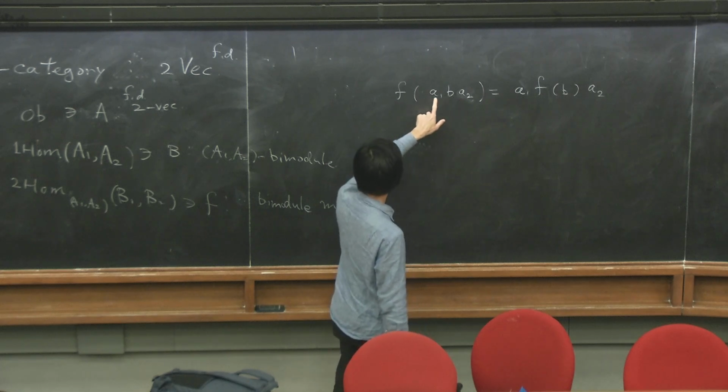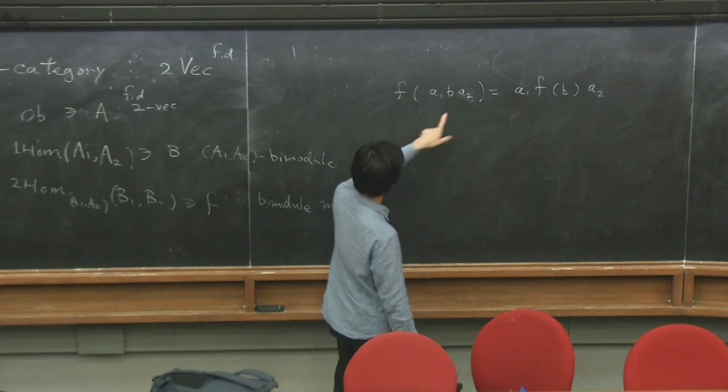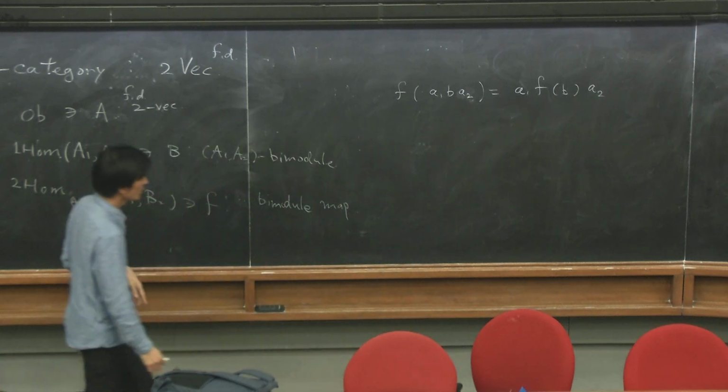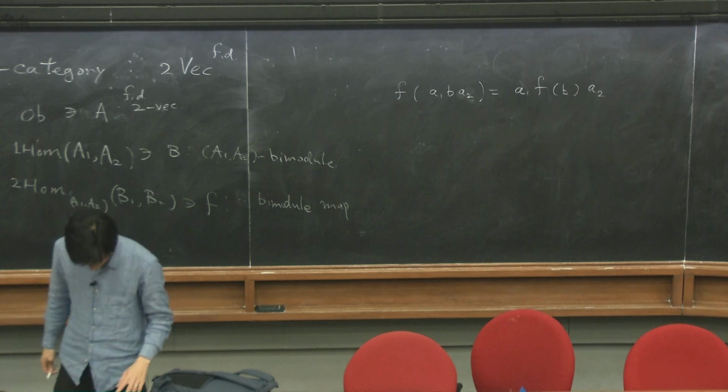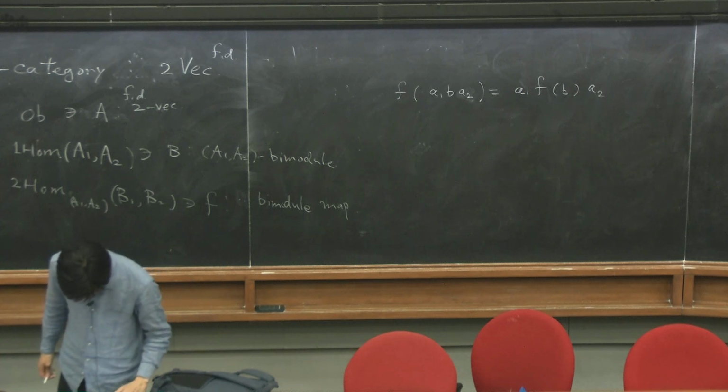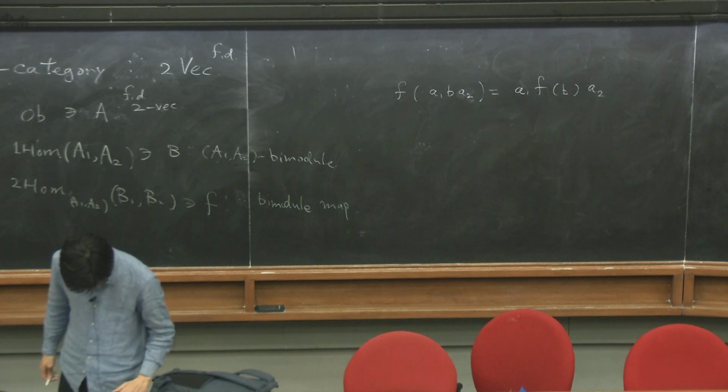Here is the action of small a1 coming from large A1, and small a2 coming from large A2. So this is the bimodule map condition. Any questions?